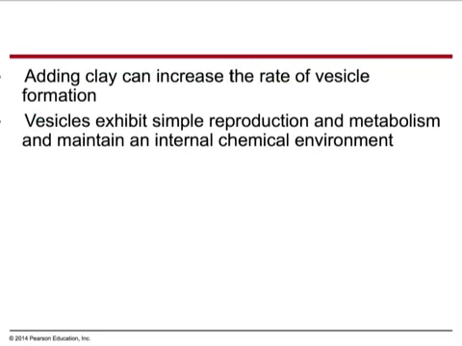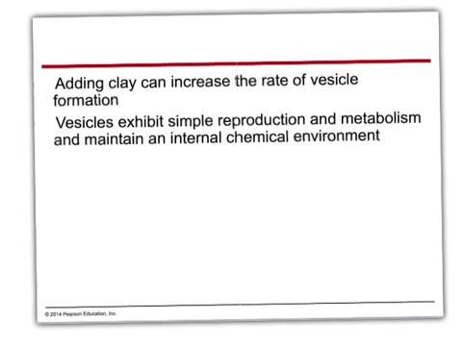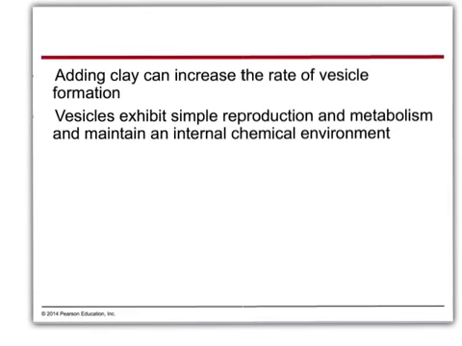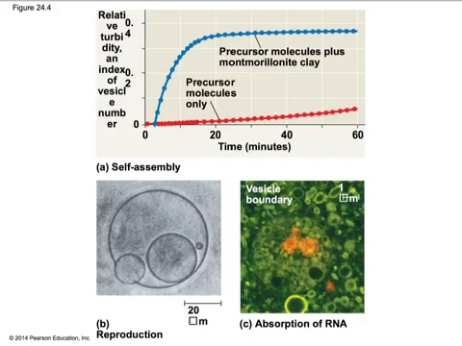And then if you add other stuff, you can increase the rate of vesicle formation, vesicles, protocells, and then you can have simple reproduction and metabolism and maintain an internal chemical environment. This is really the beginnings of what we call protocells.